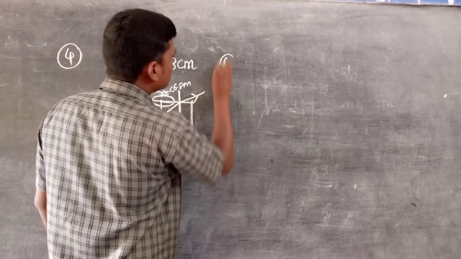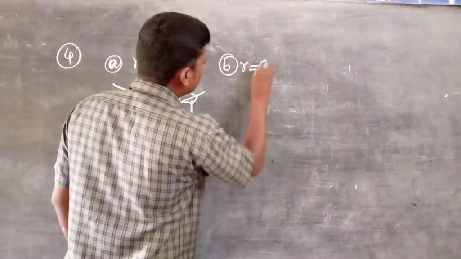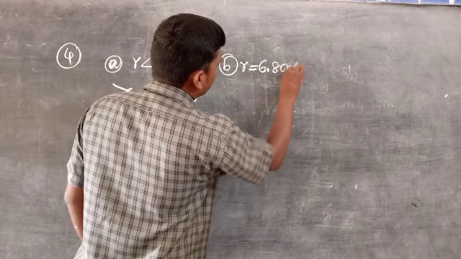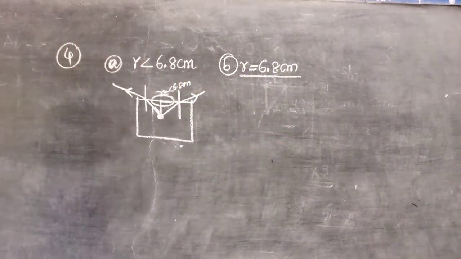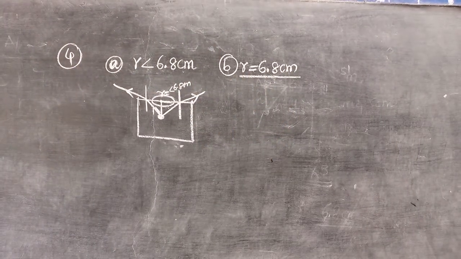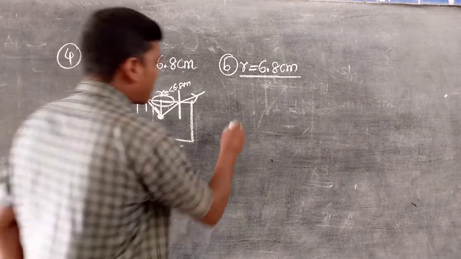Next, B: if R is equal to 6.8 centimeter, that is, the radius of the disc is equal to 6.8 centimeter, what will happen?